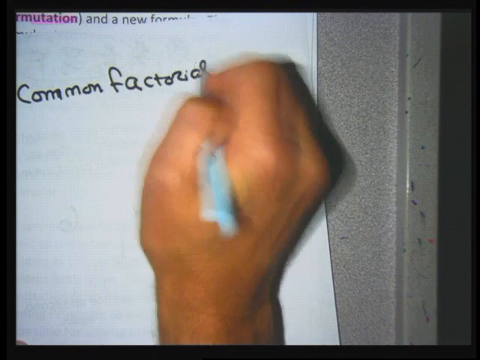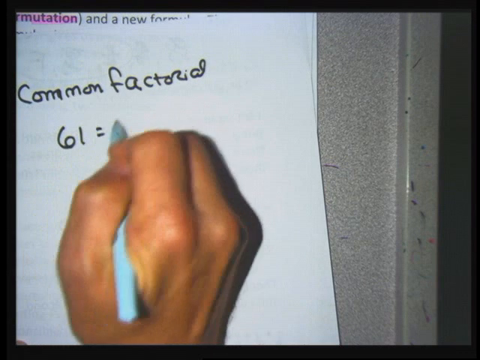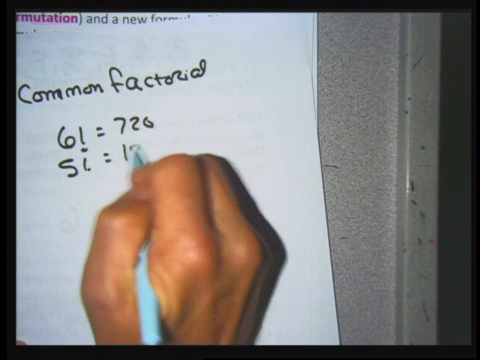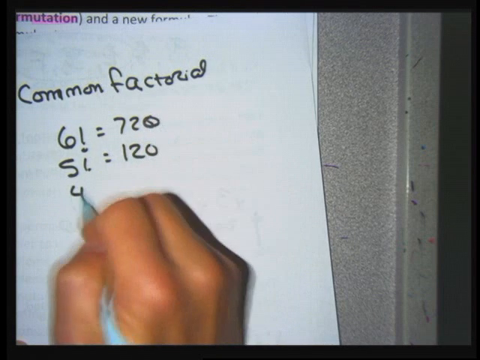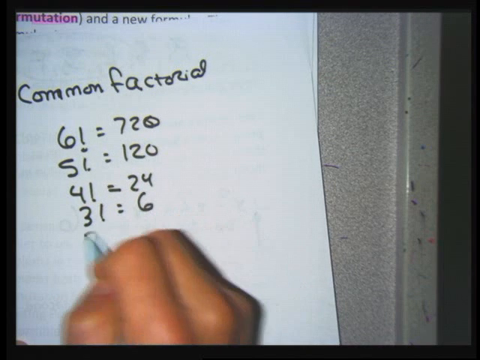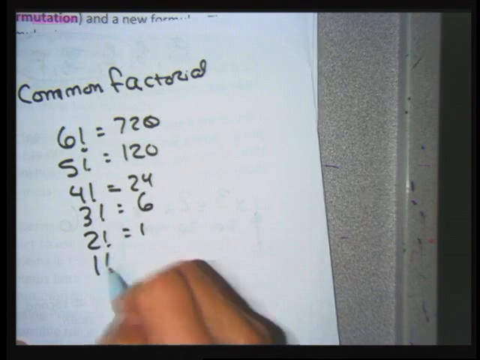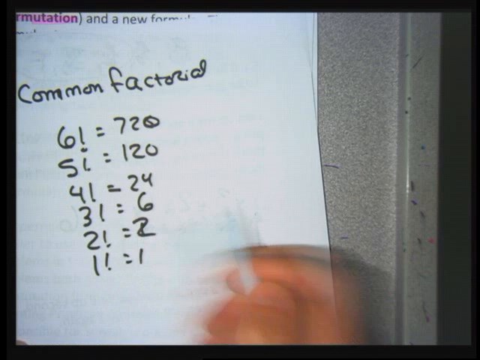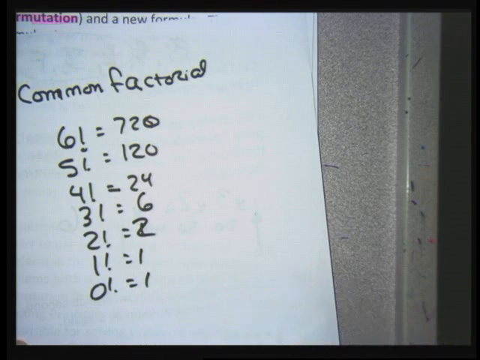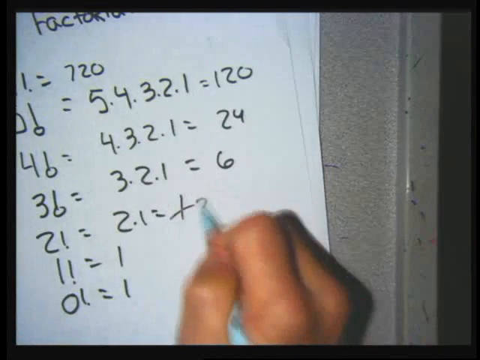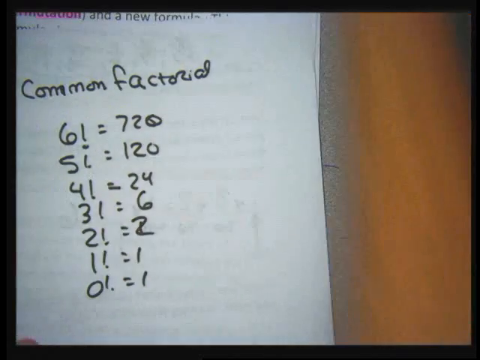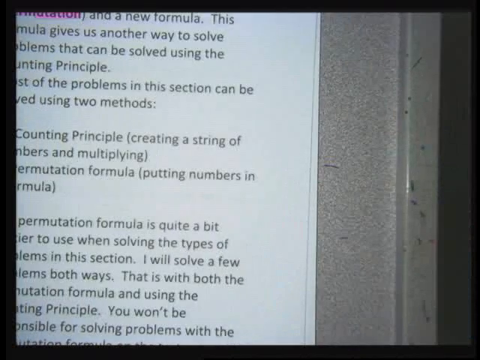It'll make some work easier. 6 factorial is 720. 5 factorial is 120. 4 factorial is 24, 3 factorial is 6, 2 factorial is 2, 1 factorial is 1. I wrote that down wrong earlier. And 0 factorial is 1. I might need those, so I'm going to leave those handy, but I won't use them right away.